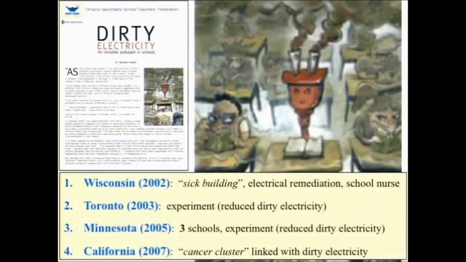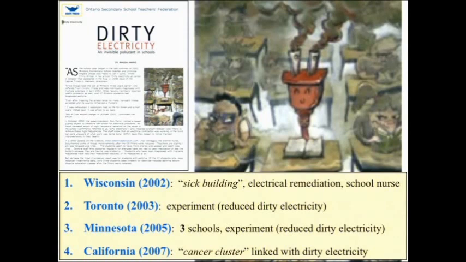The first story is of a school in Wisconsin that had something called sick building syndrome. Initially, they thought that the illnesses, the asthma, the allergies, the headaches, the migraines were due to something in the building, like chemicals in the building or mold.